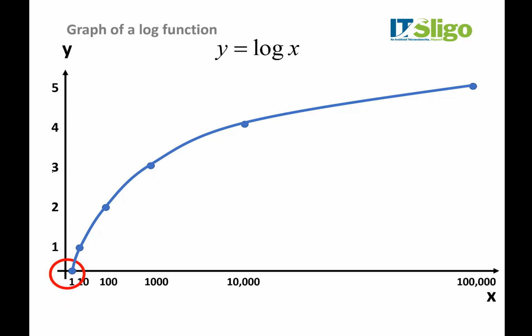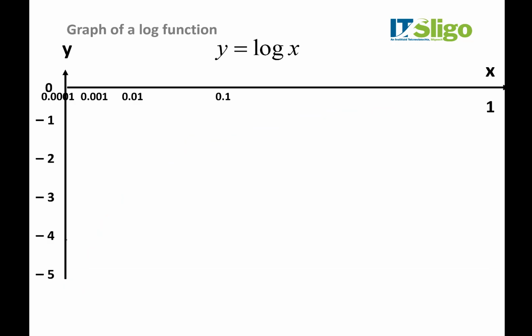And now we're going to take a look here. This is very important. This graph here describes the decibel scale and the Richter scale, because they're dealing with values greater than 1. Movement of the earth for Richter and sound pressure for decibel. We're now going to zoom in and take a look at what's happening between 0 and 1, because this is where the pH scale lives.